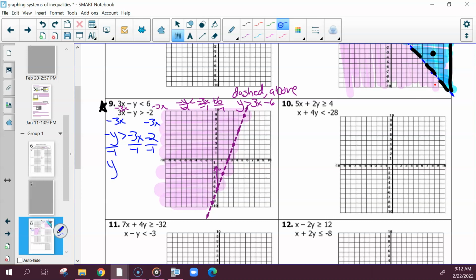So y is now less than 3x plus 2. And we can graph this. Starting at positive 2, the slope is again up 3 to the right 1, and down 3 to the left 1.